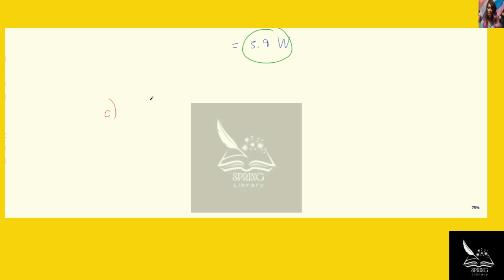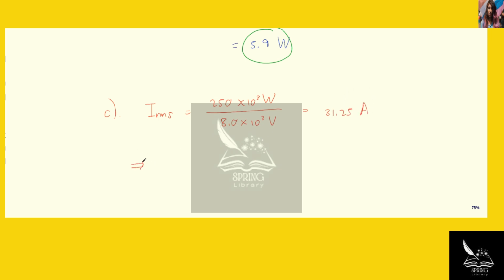Now for part C, we have the RMS current to be the power 250 times 10 to the power 3 watts over VT, which is now 8 times 10 to the power 3 volts. And so the current is 31.25 amperes.